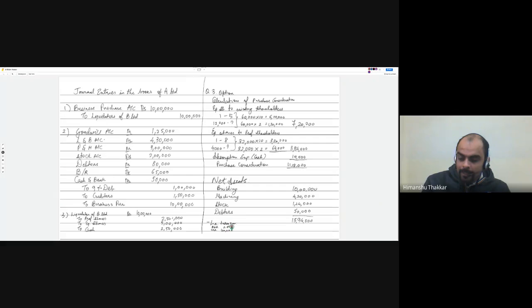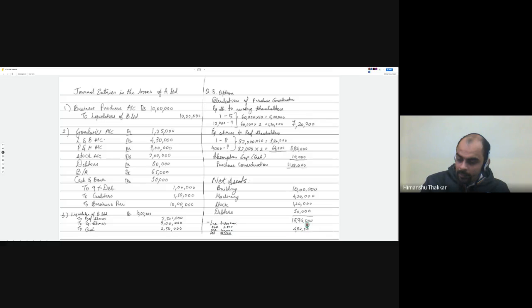Creditors and then debentures. So the total of this is 4 lakh 82,500.